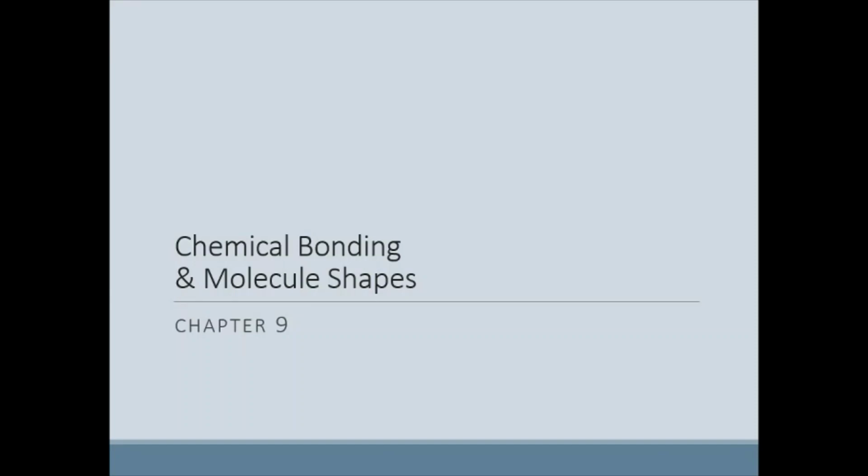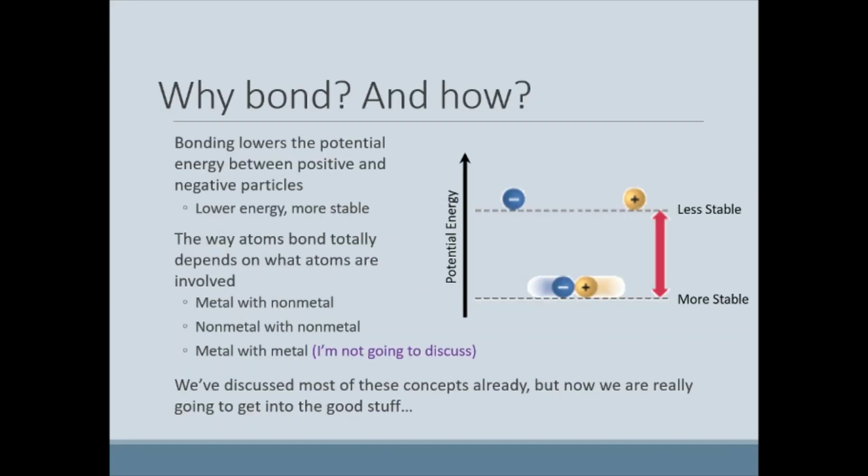The first idea that we're going to discuss for Chapter 9 is why even create these bonds? We're going to talk about ionic stuff for now. Later on we'll get into the covalent bonds. As far as ions are concerned, once you remove an electron or add an electron to an atom, sometimes it might be a good thing that sodium becomes a positive ion and chlorine becomes a negative ion.